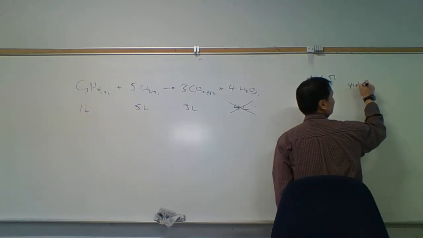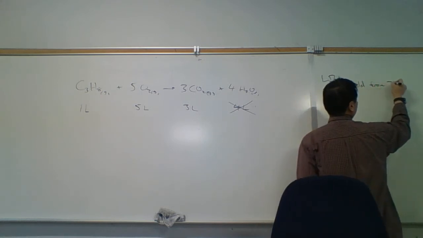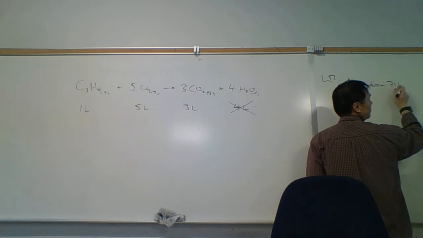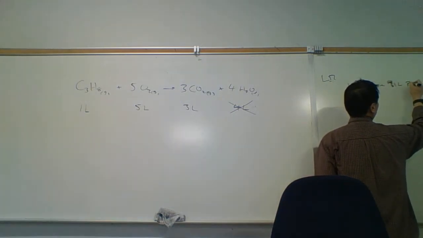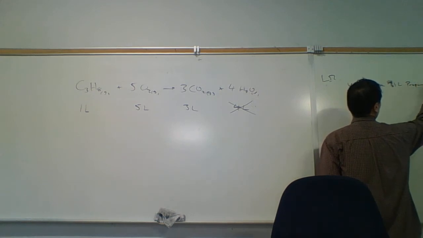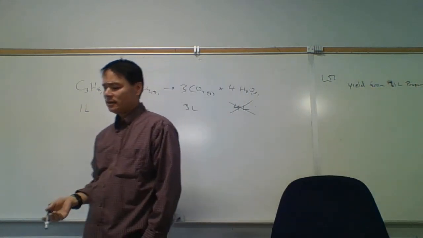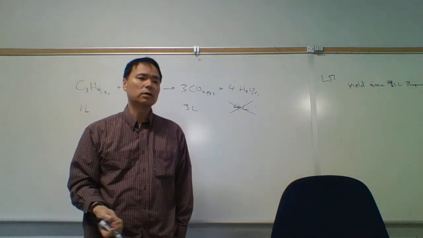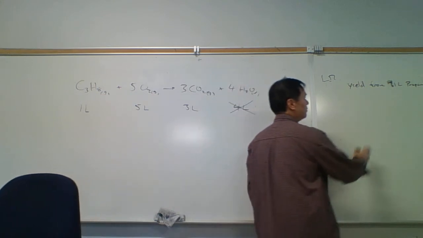We'll do the yield from propane, from 31 liters of propane. Since all the gases are at the same temperature and pressure, we can skip the mole part and go straight liter to liter conversion.